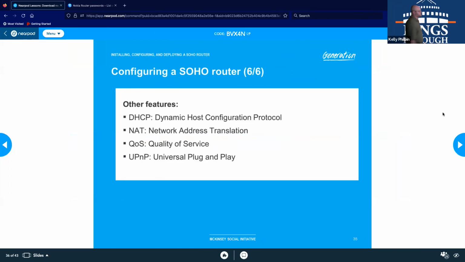So other features of the DHCP, we talked about these before. Mentioned the quality of service, basically allowing you to prioritize the different types of communication happening over your network. Network address translation takes an internal IP address and converts it to a publicly routable IP address. And then you have dynamic host configuration protocol, which, what does that do?